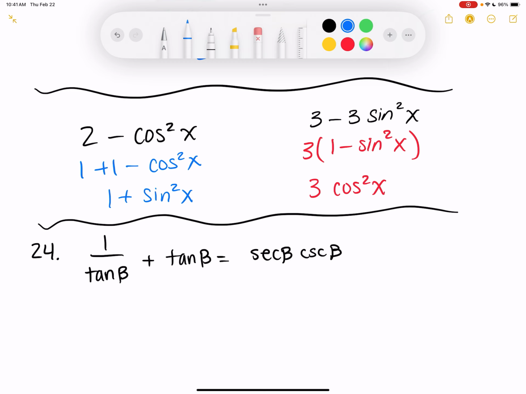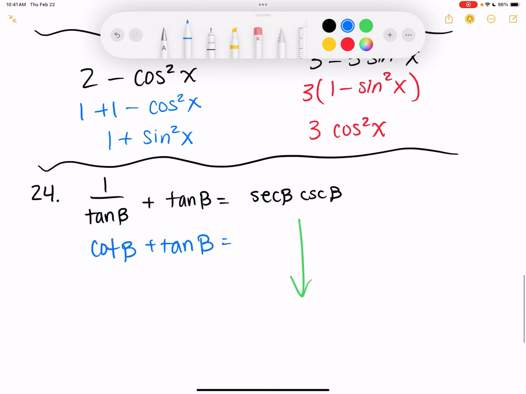So let's first rewrite this as cotangent of beta, because 1 over tangent would be cotangent, plus tangent. Then let's rewrite cotangent and tangent in terms of sine and cosine.